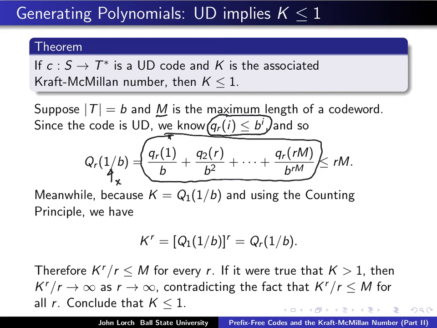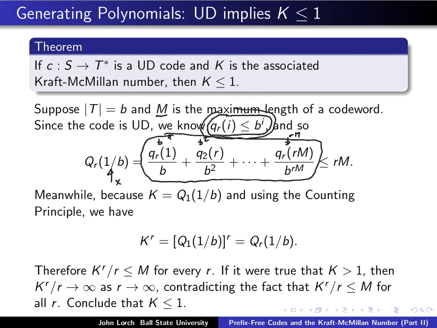Now, each one of these little q sub r's, like little q sub r of i, is less than or equal to b to the i. In particular, q sub r of 1 is less than or equal to b, and q sub r of 2 is less than or equal to b squared, and so on, up to b to the rm due to this inequality right here.